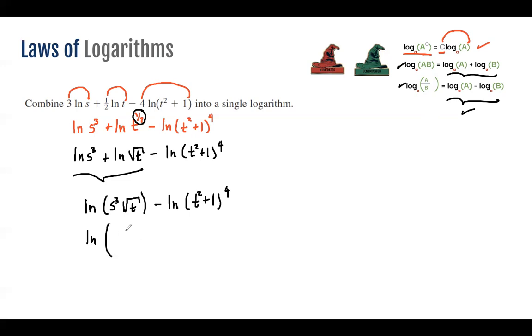So the natural logarithm of s to the 3rd power times the square root of t divided by that whole thing, the binomial to the 4th power. So that's t squared plus 1.